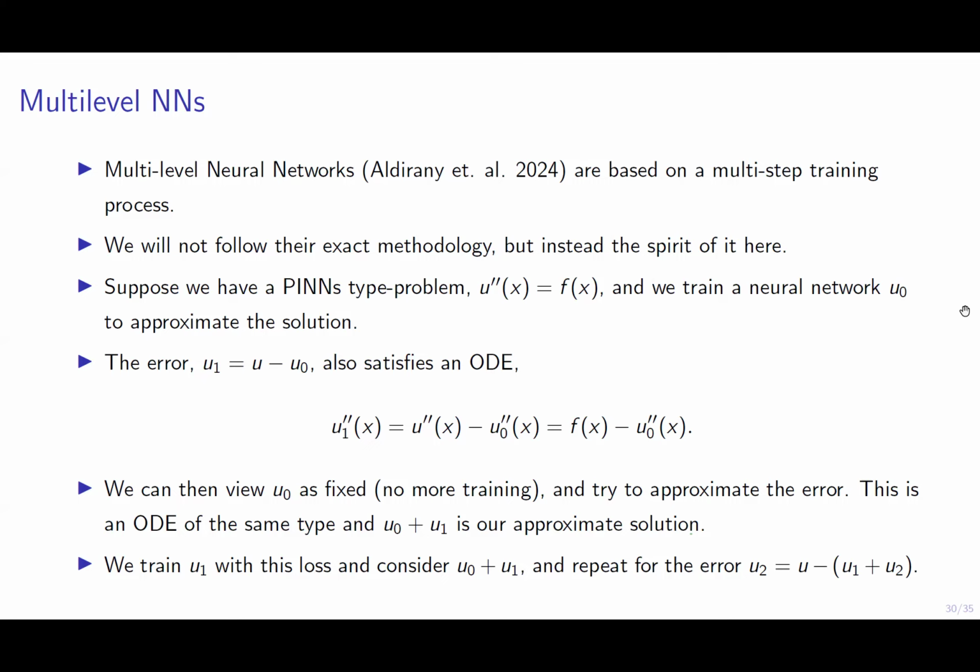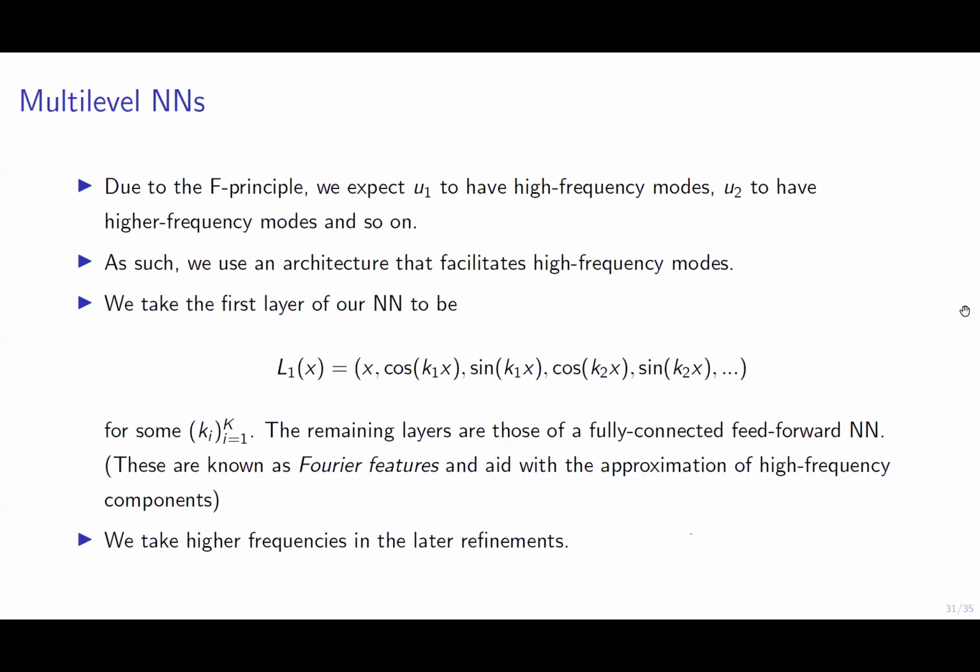Then we can reclaim a better approximation: U0 plus U1 should be a better approximation to U. We can do this iteratively over and over again and get better and better solutions. Because of this F principle, we expect that U1 will have high frequency modes, then the solution in the next step will have even higher frequency modes, and so on and so forth.